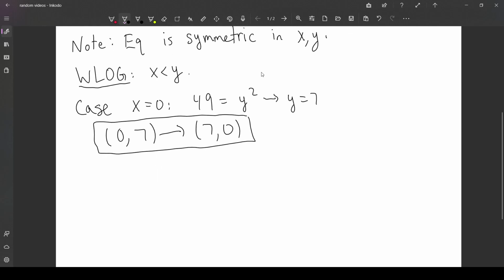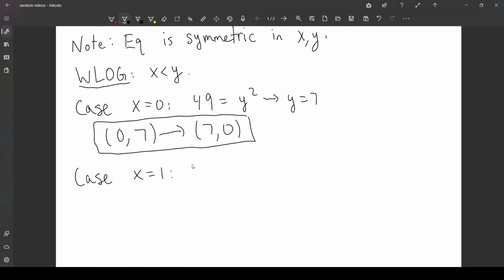I'm going to go through a few more cases, and we'll see why in a bit. Next we go on to x equals 1.